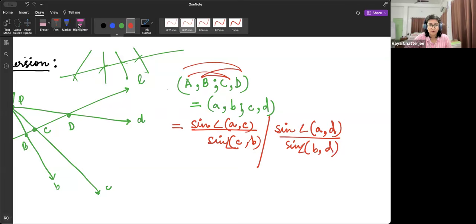So this is AC by CB and AD by DB. So this is the trig form.